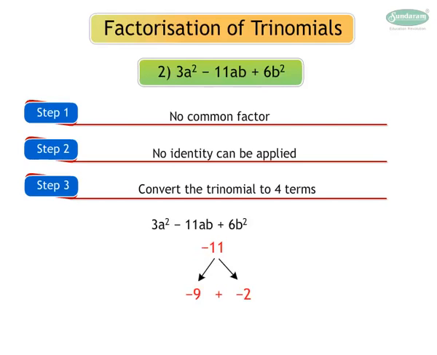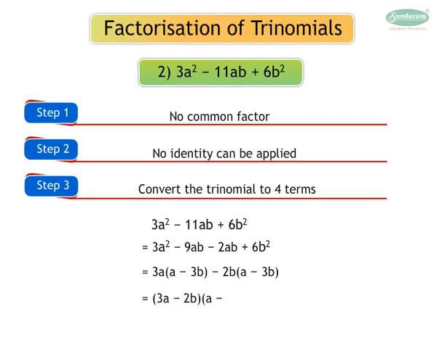So, by splitting the middle term we get 3a² - 9ab - 2ab + 6b². Now by taking common factor we get 3a(a - 3b) - 2b(a - 3b), which is equal to (3a - 2b)(a - 3b).